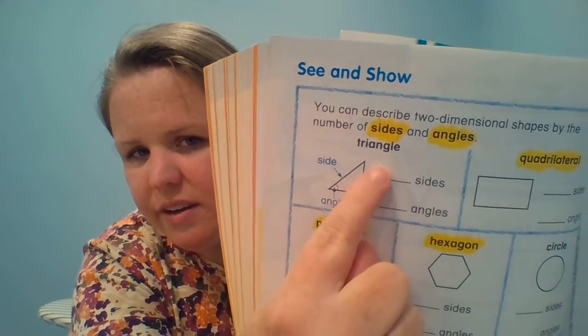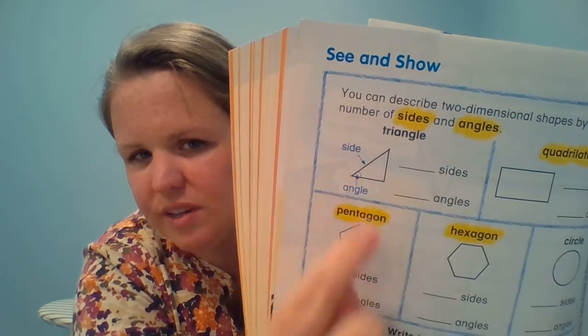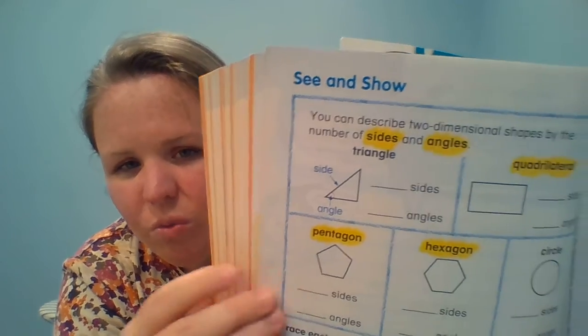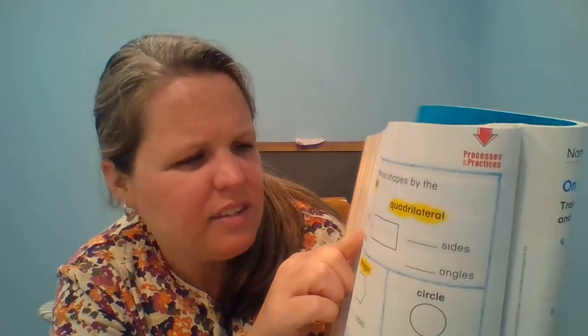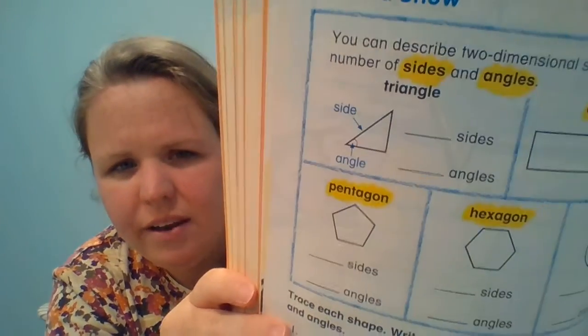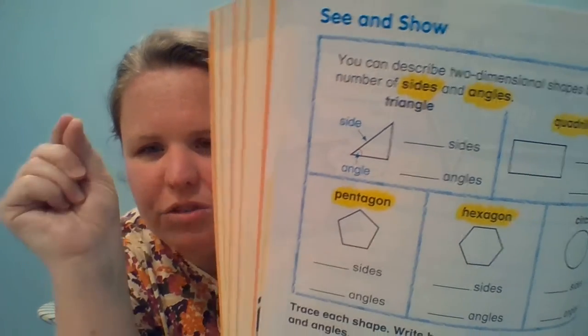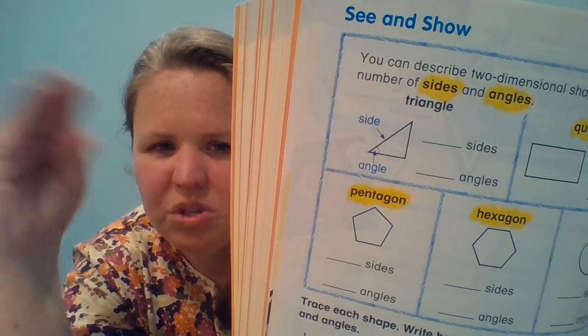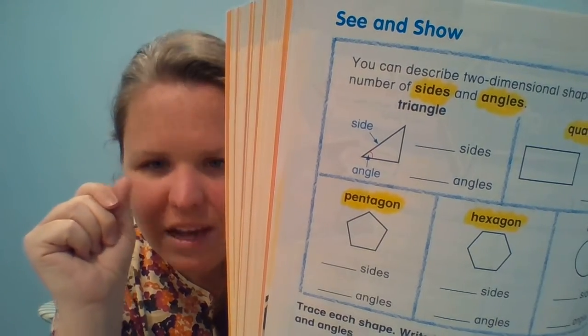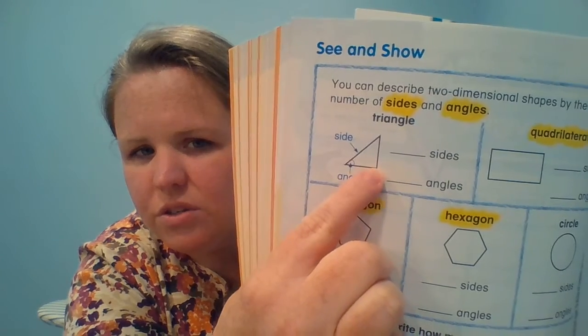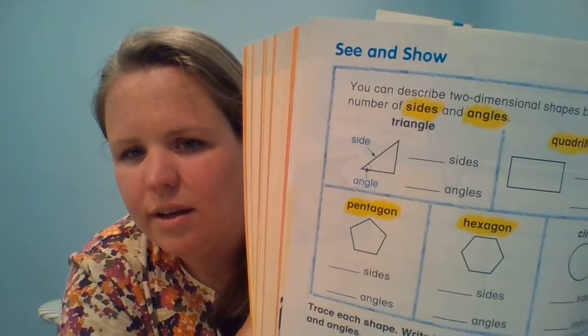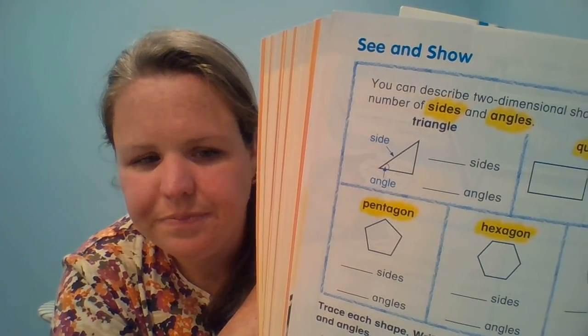Here's 1 side, 2nd side, and the 3rd side. And then the angle, when we talk about angles, they use that little circle right here. It's in pink, like a pinky red. And they draw a little circle where the 2 sides meet, and that is the angle. Okay, so this triangle has 1, 2, 3 angles.